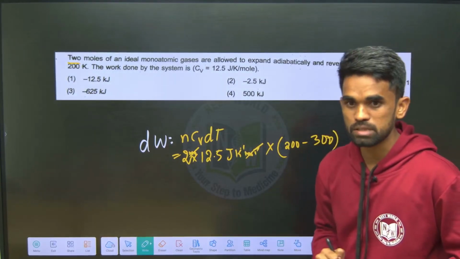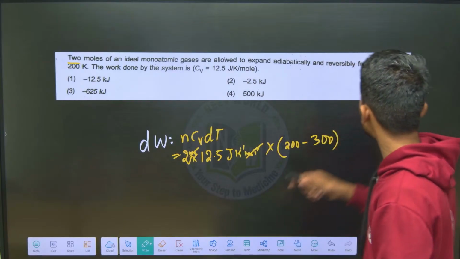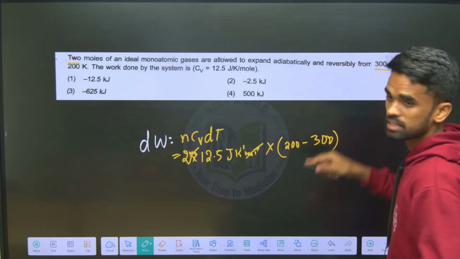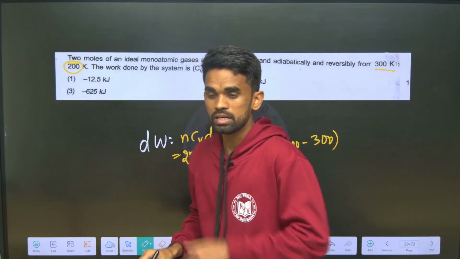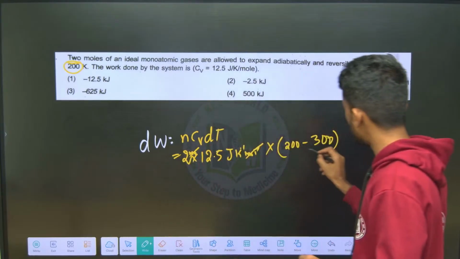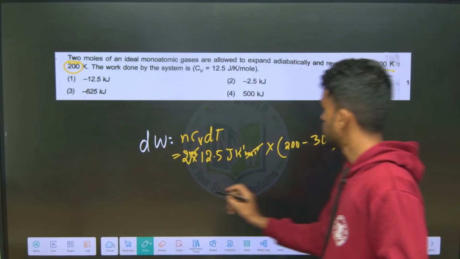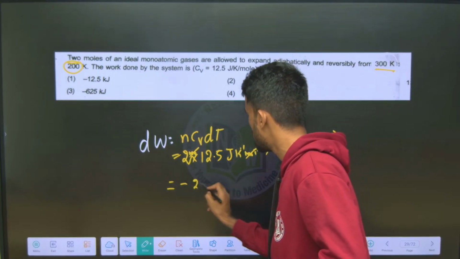During adiabatic expansion, cooling takes place, that's why the initial temperature is higher, 300, and on expansion the final temperature is 200. So we get a minus sign here.